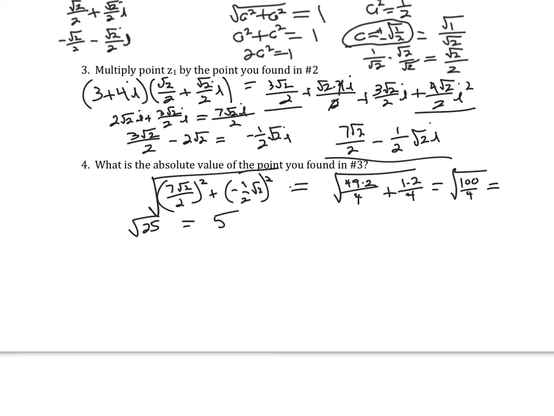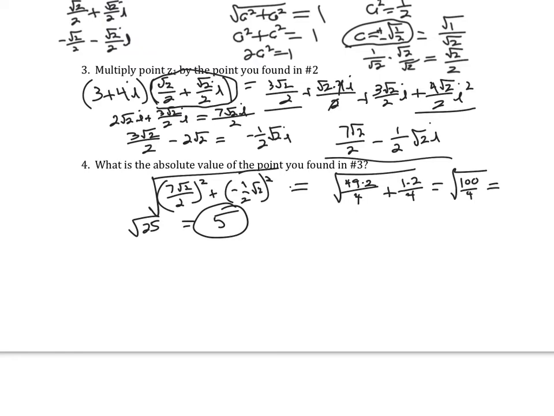So the absolute value that we got here is equal to 5, and that's the same absolute value that we had for the point z1 originally, which is not surprising because when we multiplied by this number here, the root 2 over 2 plus root 2 over 2i, remember that was a number that had an absolute value of 1.